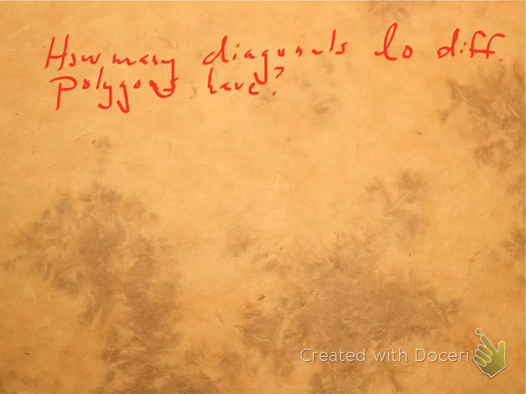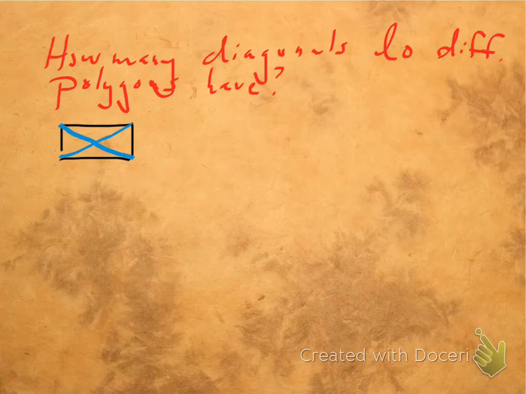All right, so first let's talk about what diagonals are. A diagonal is nothing more than a line that cuts across a polygon. So for instance, if I draw a rectangle, the diagonals are the lines that cut from corner to corner. They cut across the polygon. And if you think about it for a second, triangles don't have diagonals because there's only three vertices, and so if I start at a vertex right here and I try to go to one of the other two vertices, I'll go right down one of the sides.